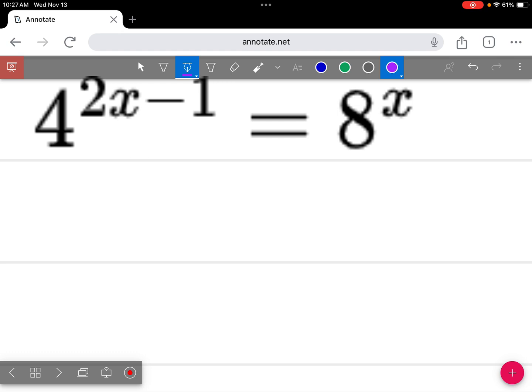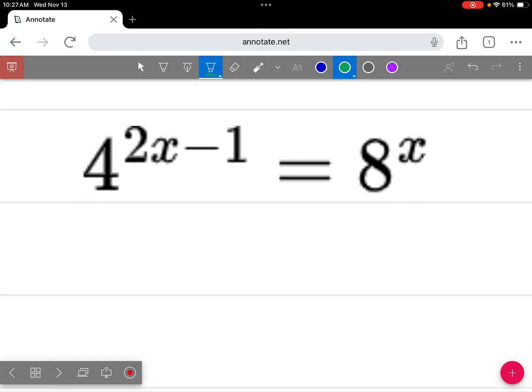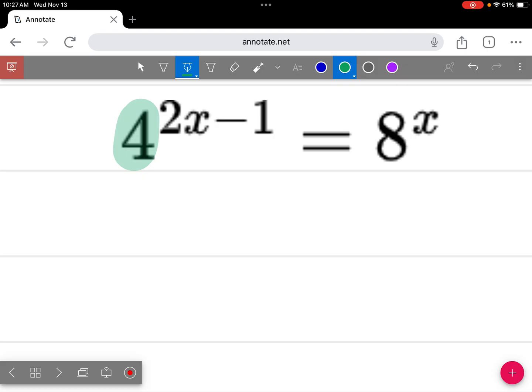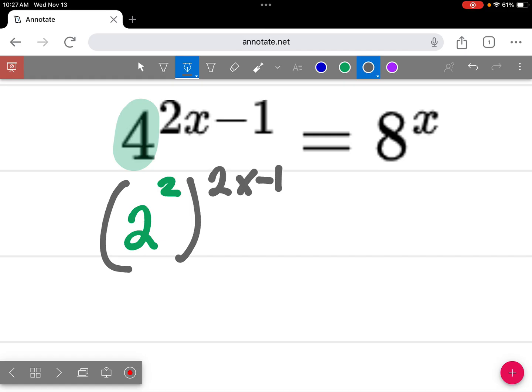The right one is very similar. What base are we going to change the right one to? 2. To 2's. I can write 4 as 2 squared to the power of 2x minus 1.